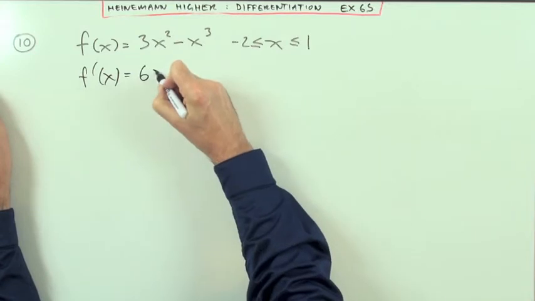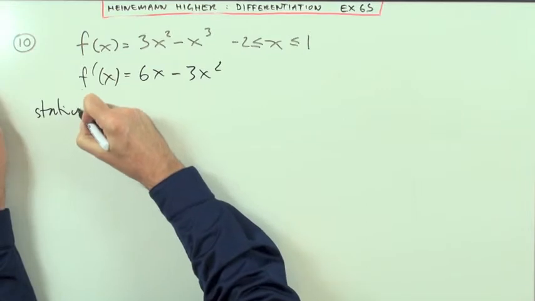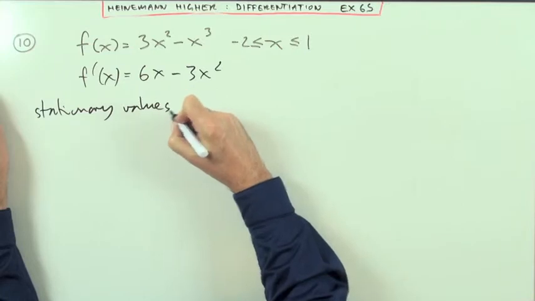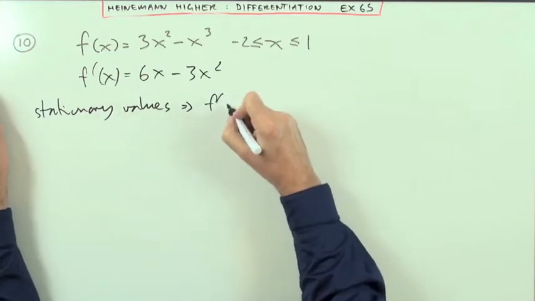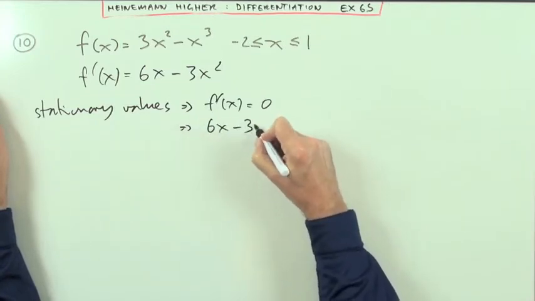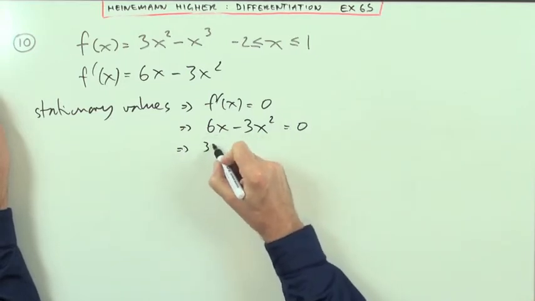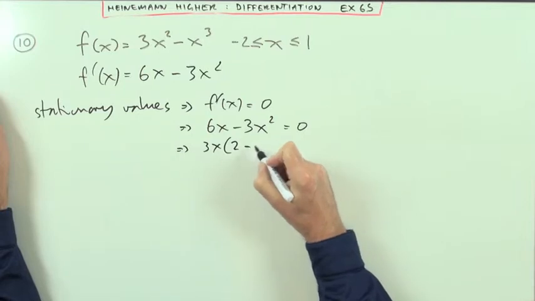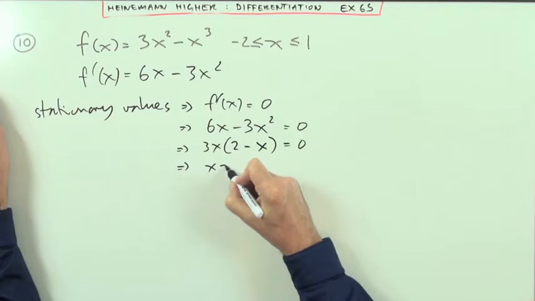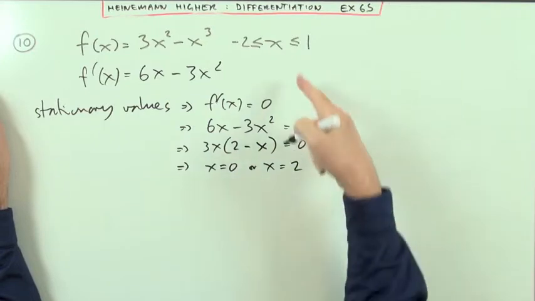So I'll differentiate it. 6x minus 3x squared. I'll check for these stationary, but I'll not call them points here because it's talking about overall values. So I'll check for stationary values by saying I'll get a stationary value if that derivative is ever equal to 0. If 6x minus 3x squared ever equals 0, well, that's an easy one because I've just got common factors. 3x can come out, leaving me a 2 minus an x, which means something happens at 0, which is in the interval, or something happens at 2, which is outwith the interval.